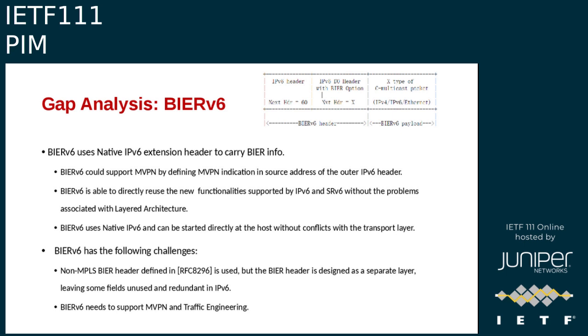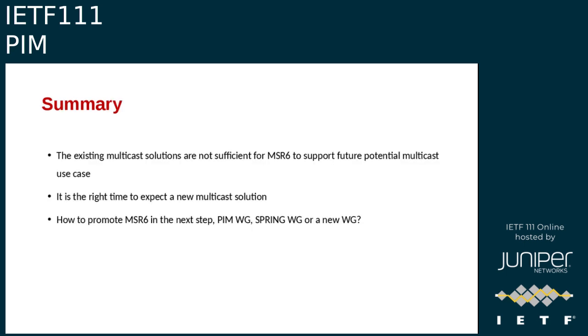Okay, next page. So this is a summary. I think the existing multicast solutions are not sufficient for multicast source routing to support potential future multicast use cases. So we think this is the right time to expect a new multicast solution.